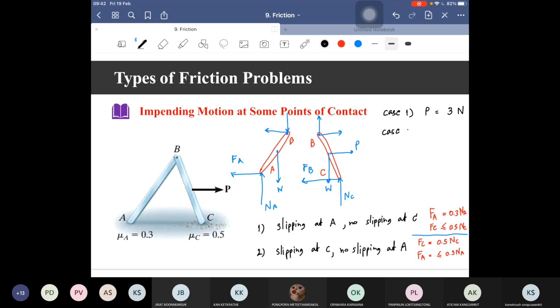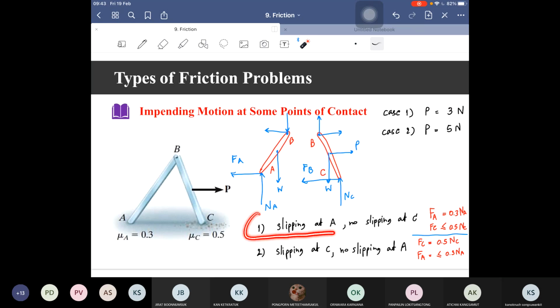And for case 2, you can calculate the force P to be 5 Newton. Then you have to choose the smaller P because it will happen first, right? Because the force P must reach 3 Newton before it reaches 5 Newton.